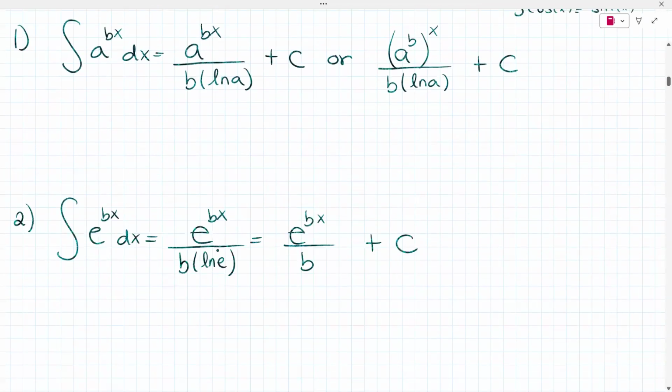The integration of e to the bx you could say as e raised to the bx over b ln of e, or it simplifies as e to the bx over b plus c. So this is like u substitution. And yes, there is a section for integration using u substitution.